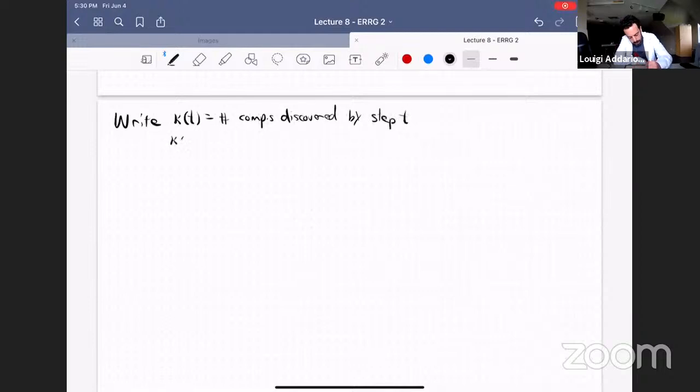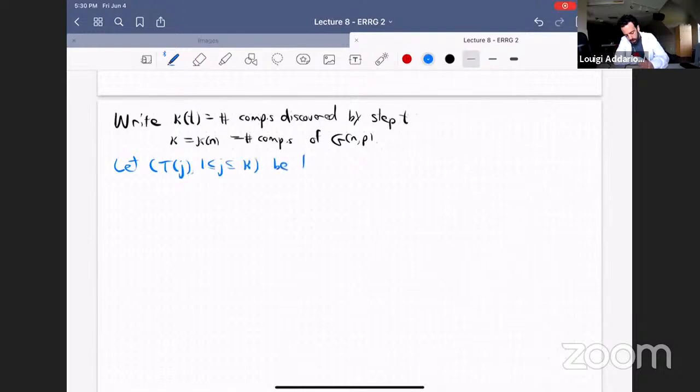And so then kappa of n is the number of components of the whole graph. Okay, and I'll let the times at which those components become fully explored be called Tj, for j from 1 up to kappa.